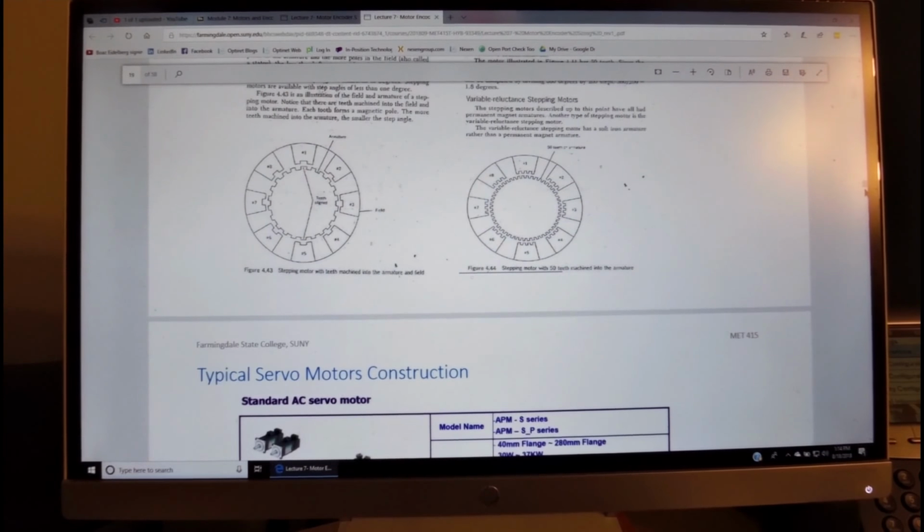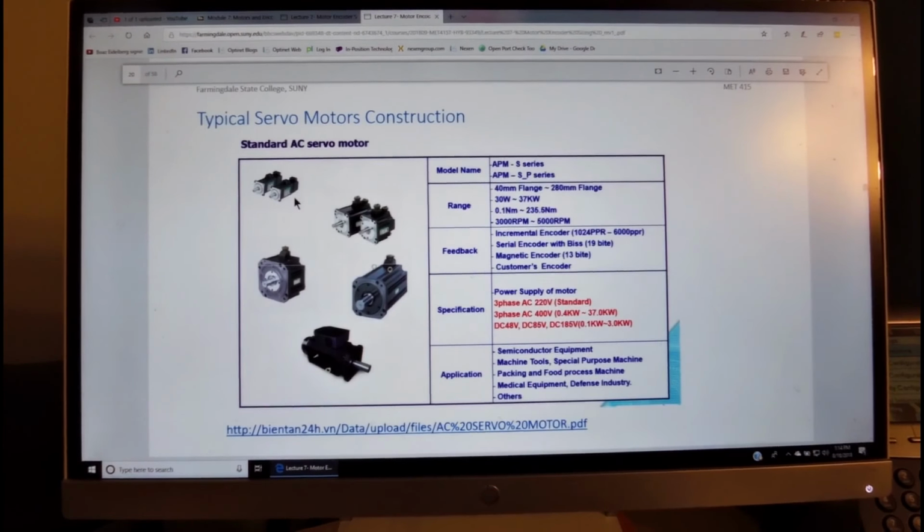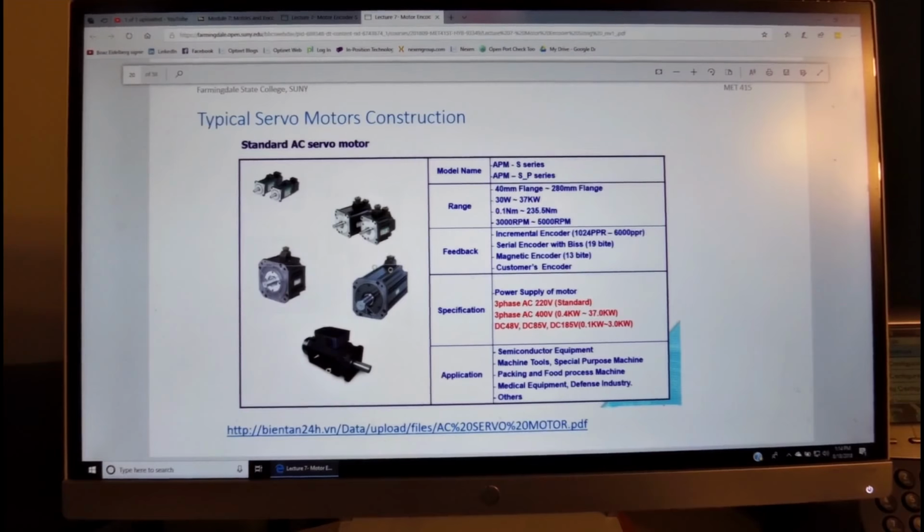Over here we see a typical example of a motor manufacturer that provides a description of all its motor range, the feedback devices, whether serial, analog, digital, incremental, or magnetic. Typically, they are integrated within the motor, and the manufacturer will give us the details.